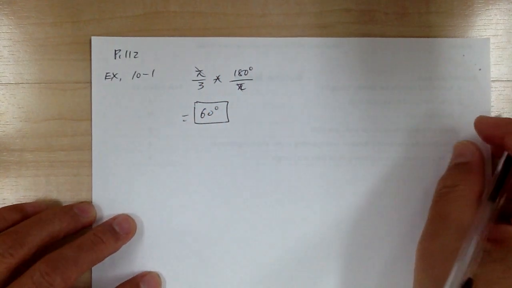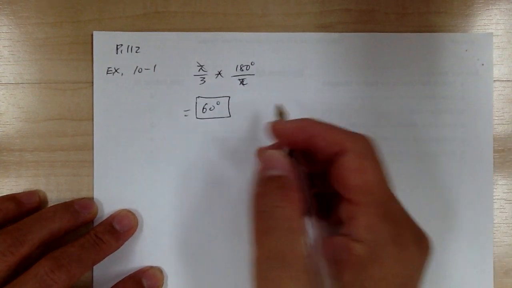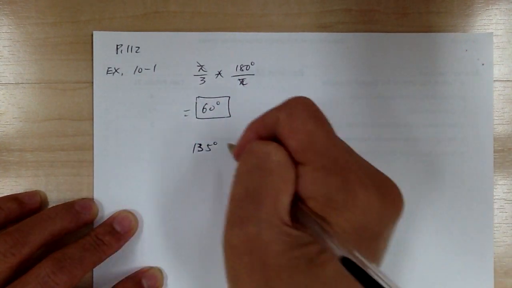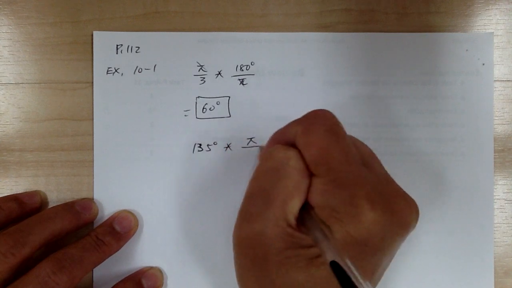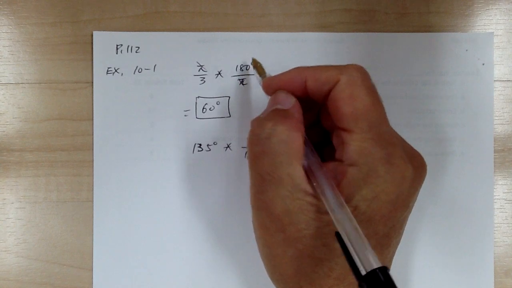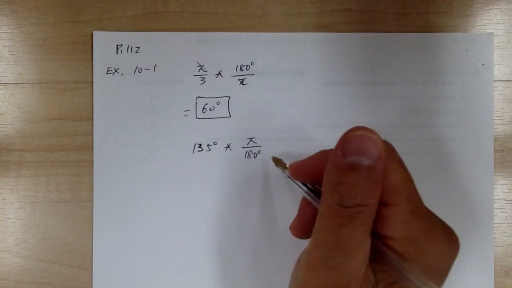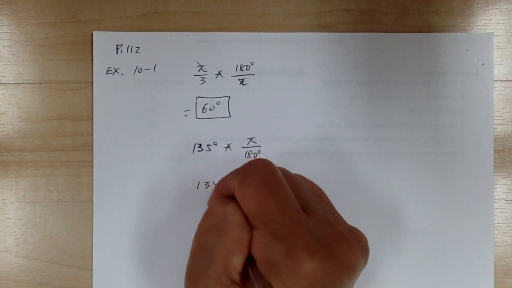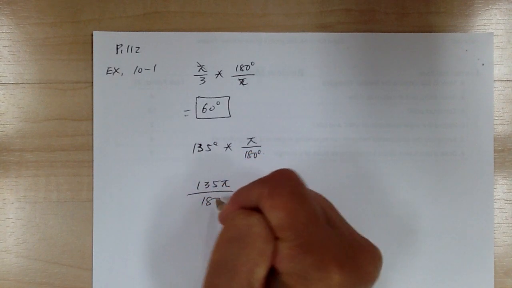The second part asks how many radians are in 135 degrees. If you start with degrees and want to convert to radians, you put radians on top. Whatever you are converting to goes in the numerator. When you multiply, the degrees cancel out, so you get 135 pi over 180.